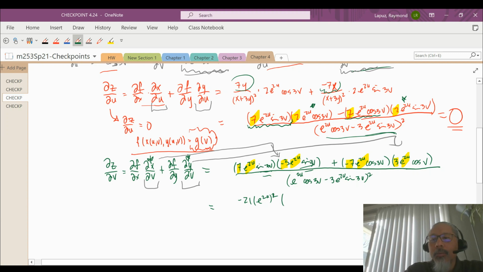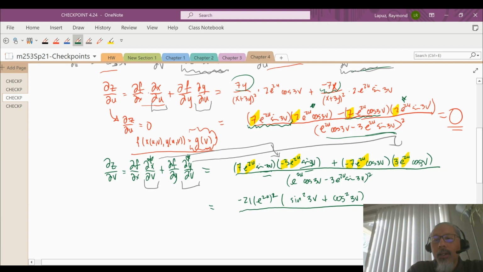There should be 3's there. So that's going to be a sine squared 3v, and then the negative went away, and the 21e to the 2u squared went away, so I have a positive cosine squared 3v, and since there's two of them, that would just turn out to be 1.